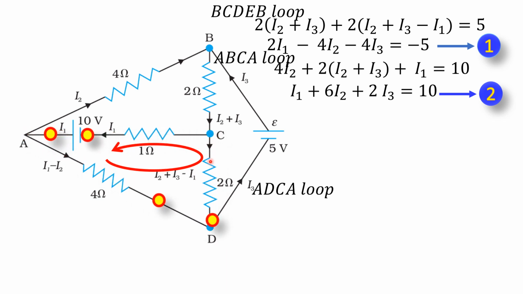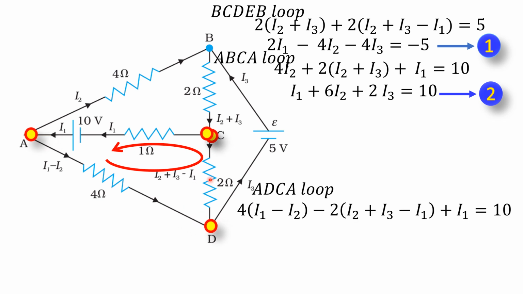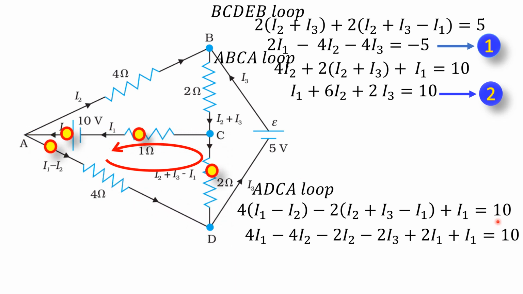But in this case, the current direction is downward, but the loop direction is upward. So for this voltage, we should give negative sign here. Okay, so the equation becomes 4 into (I1 minus I2) minus 2 into (I2 plus I3 minus I1) plus 1 into I1 is equal to 10.